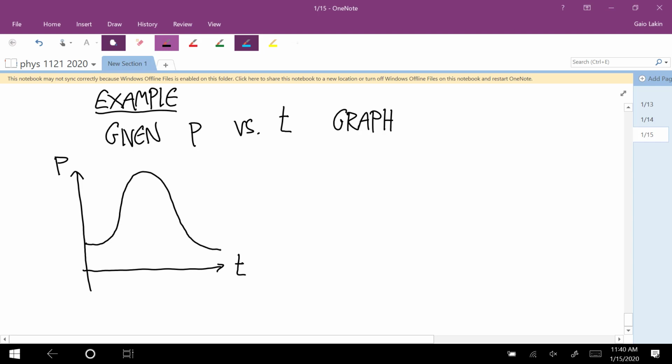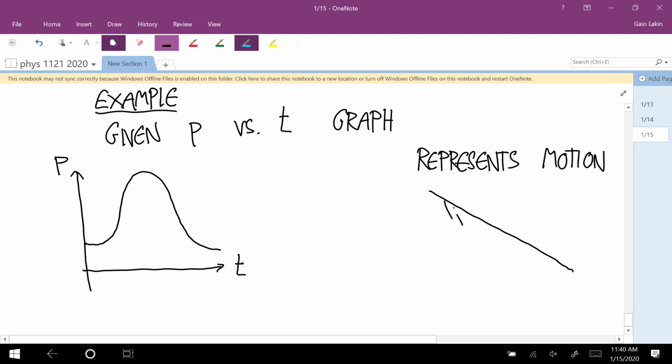And let's say that that represents a motion, let's say, of an object moving along a ramp. And let's say the 0 position is here and the positive direction is this way.